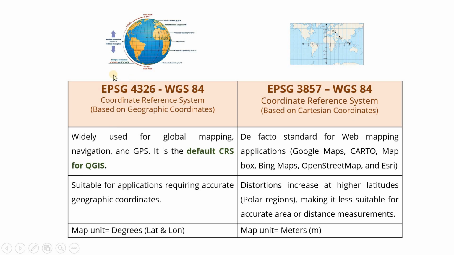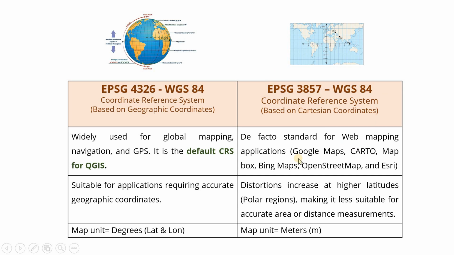Anyways, in EPSG 4326, the map unit is degrees. We already discussed that in the previous slide. Whereas in EPSG 3857, the map unit will be meters. So the important point is that when you are creating grids, if you are using EPSG 4326, you should specify the grid size in degrees, whereas if you are using EPSG 3857, you should specify the grid cell size in meters.